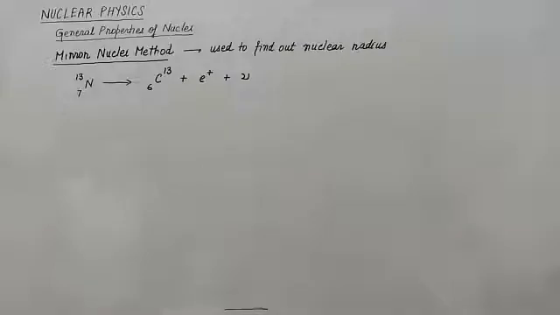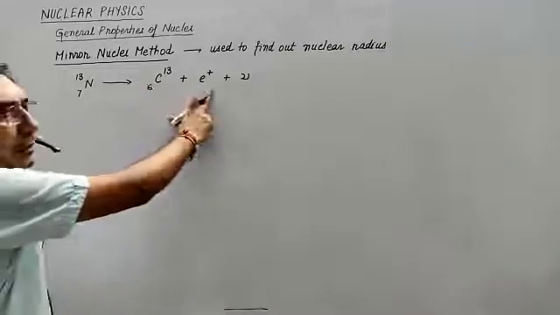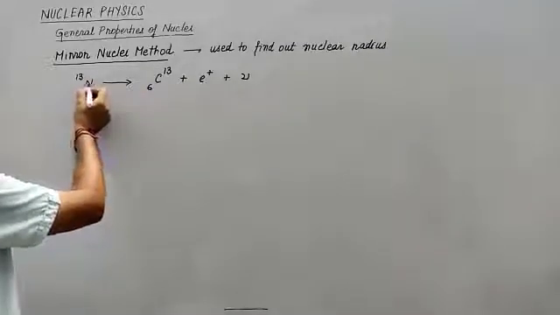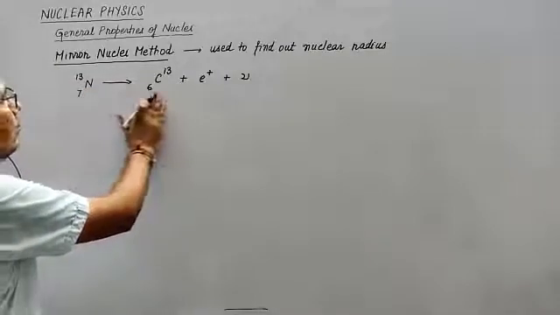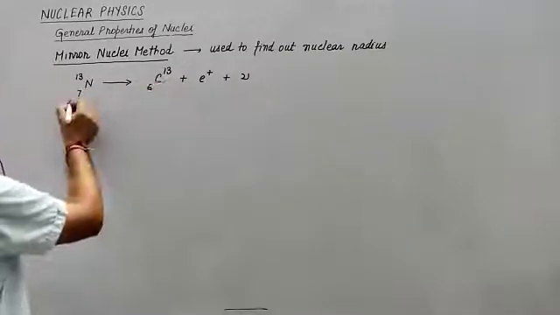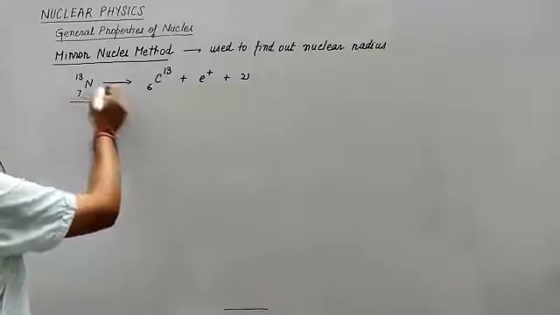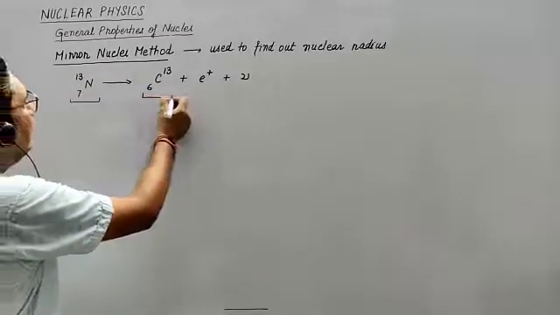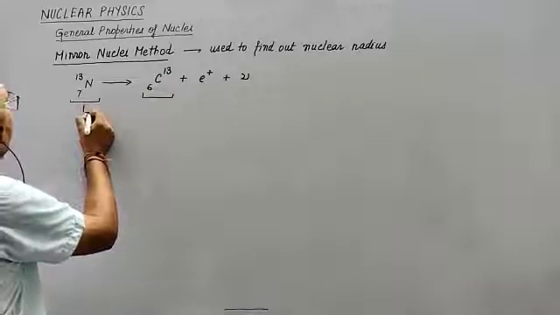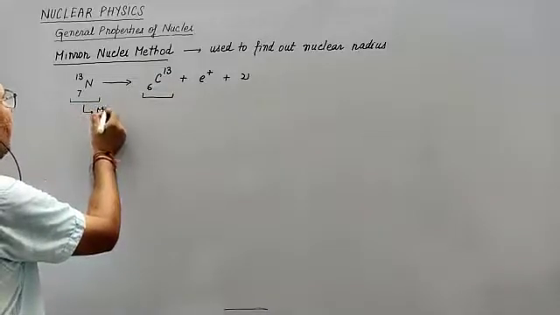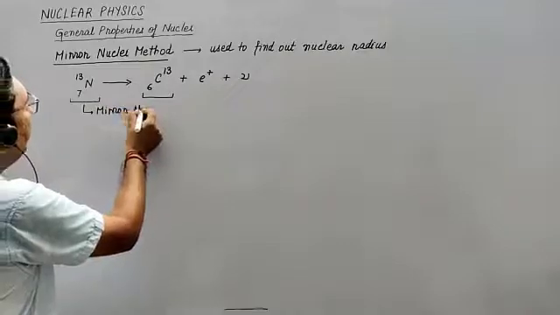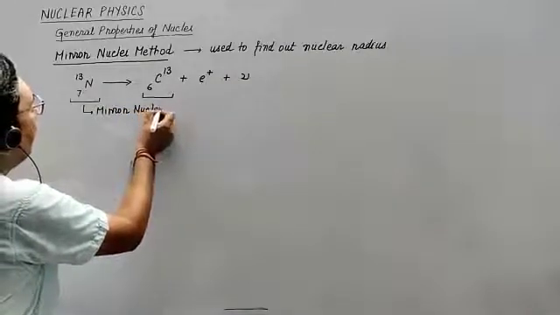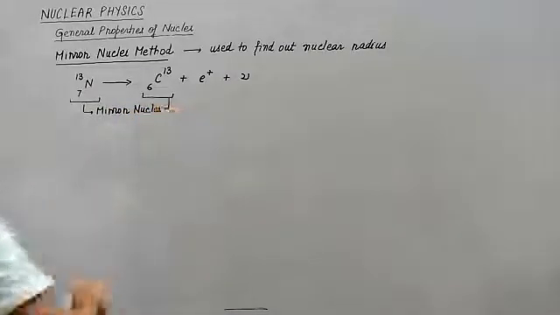So this is a beta plus decay process for this 7N13, which is an unstable nucleus, and this will convert into 6C13. Now this 7N13 and this 6C13 are mirror nuclei. They are a set of mirror nuclei.